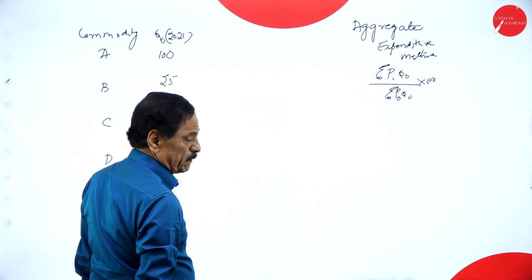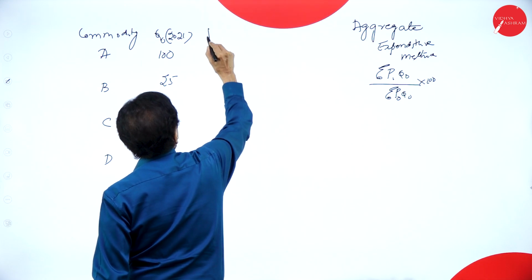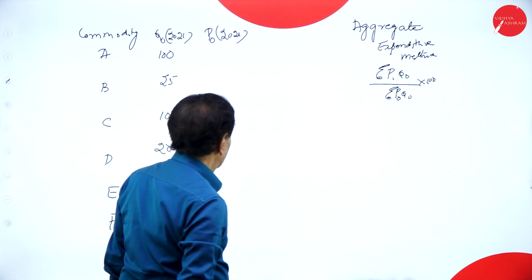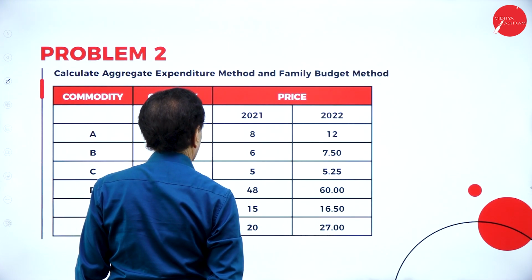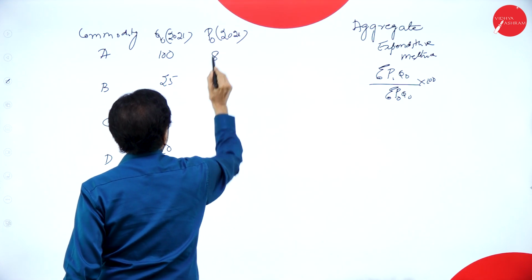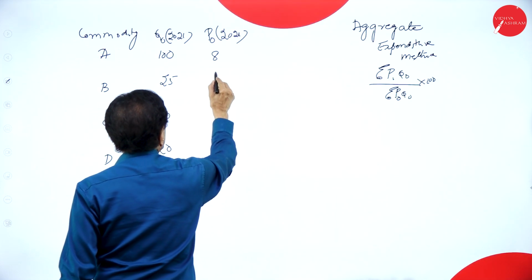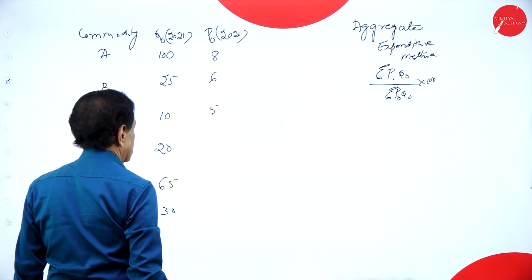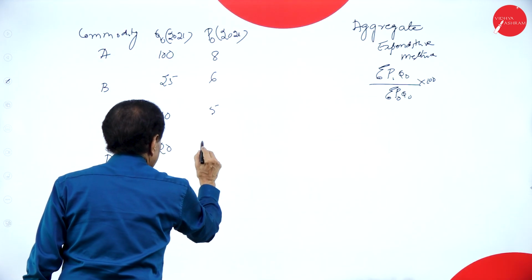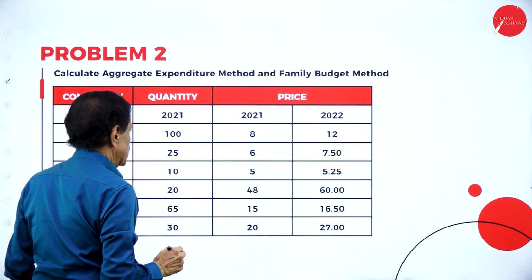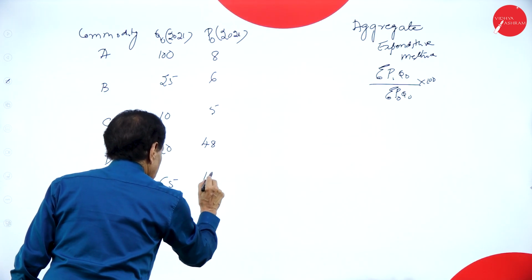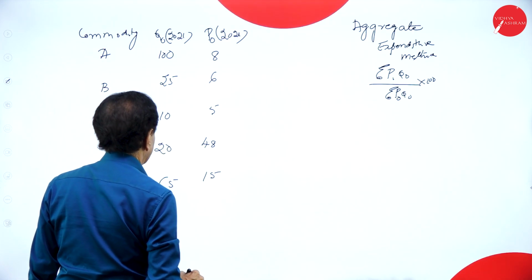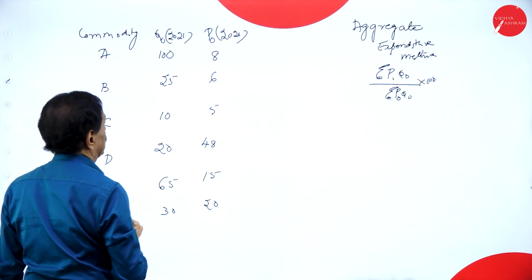Then you want the base year price, P0, 2021. Price 2021: 8, 6, 5, 48, 15, 20. This is the base year price.